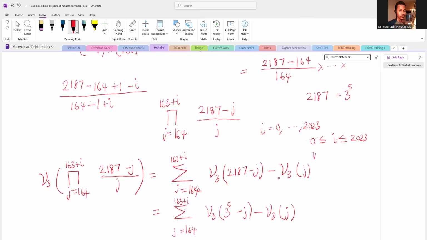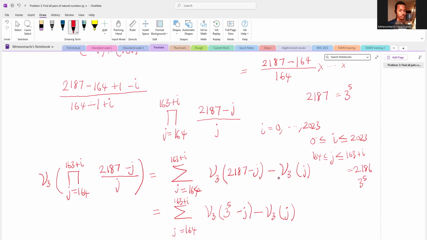The lower bound of J is 164, and the upper bound of J is 163 plus I, and since I is at most 2023, this is equal to 2186. So J is less than 3 to the power of 5.